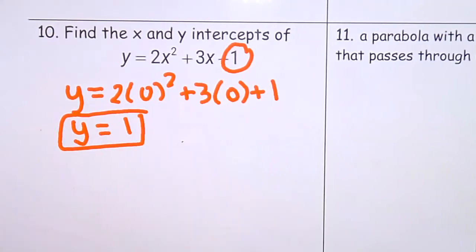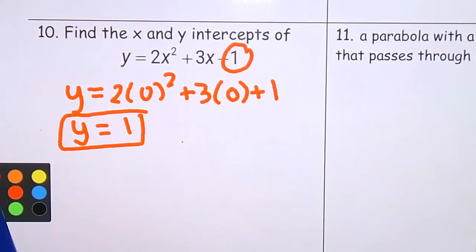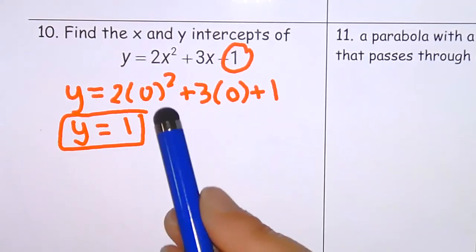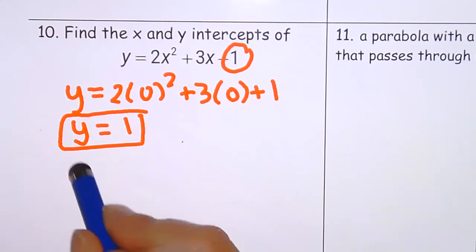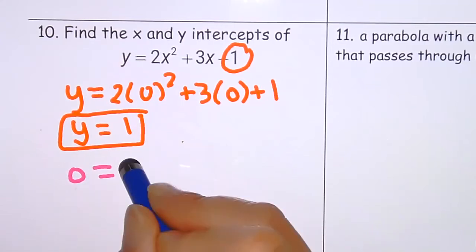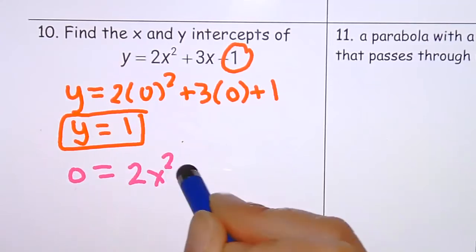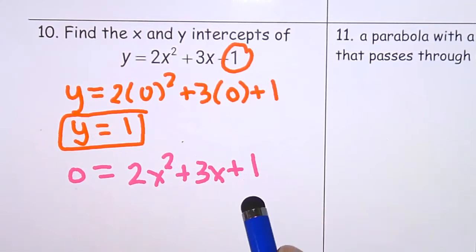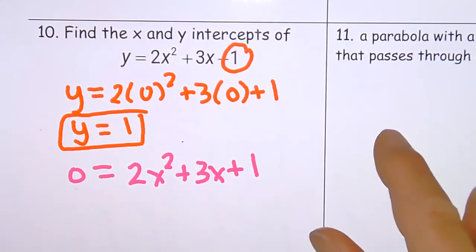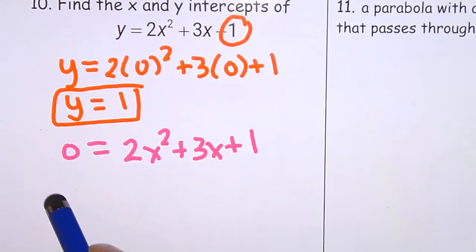Now to find my x-intercepts, this time I'm going to put 0 in for y. So I'm going to be working out 0 equals 2x squared plus 3x plus 1. And I believe this is factorable.